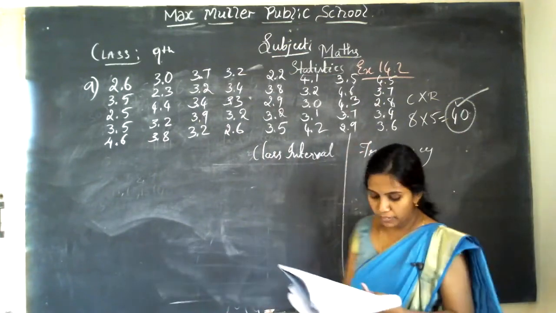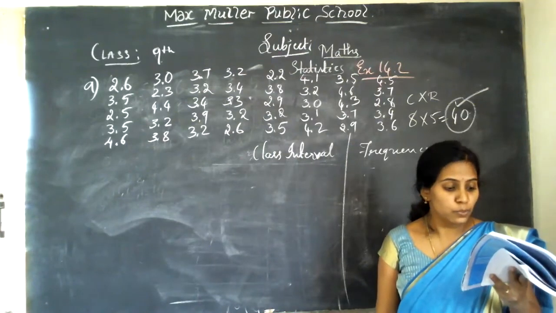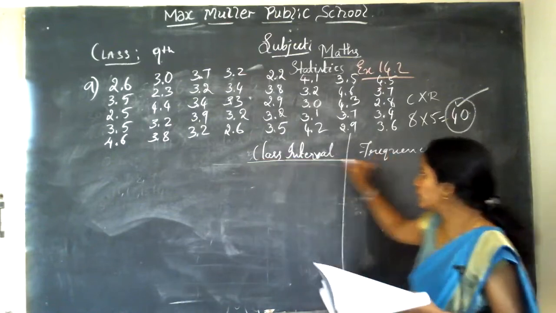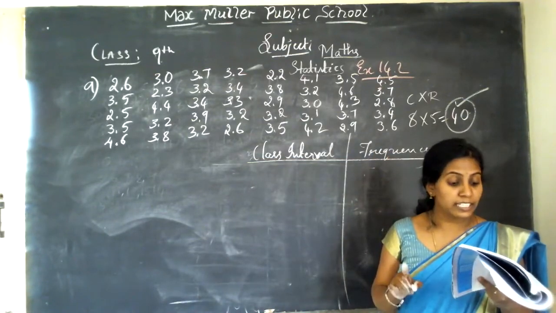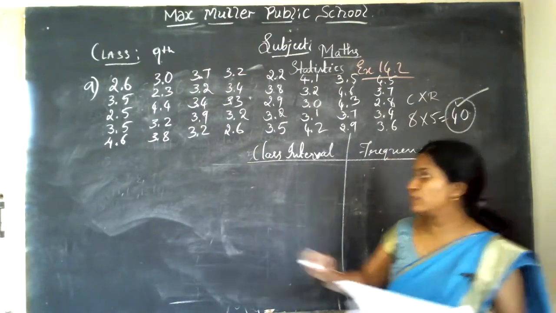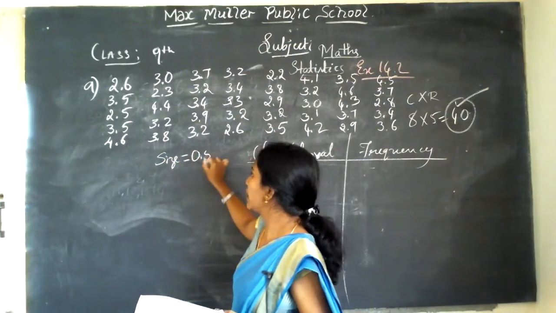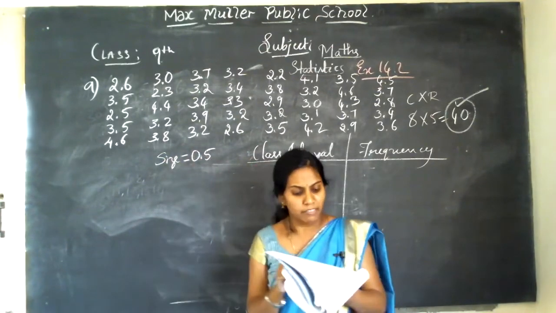Size means what? When you subtract the lower limit from the upper limit, you have to get the size as 0.5. They have given the clue.